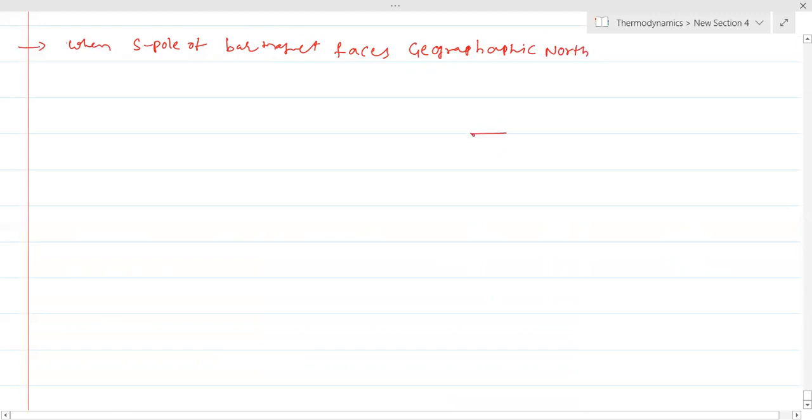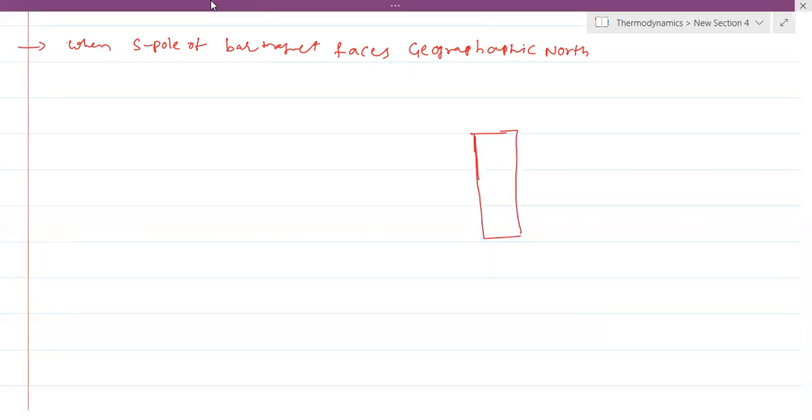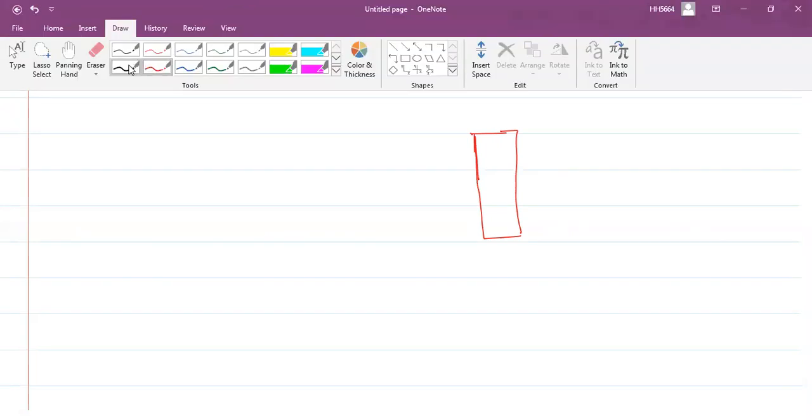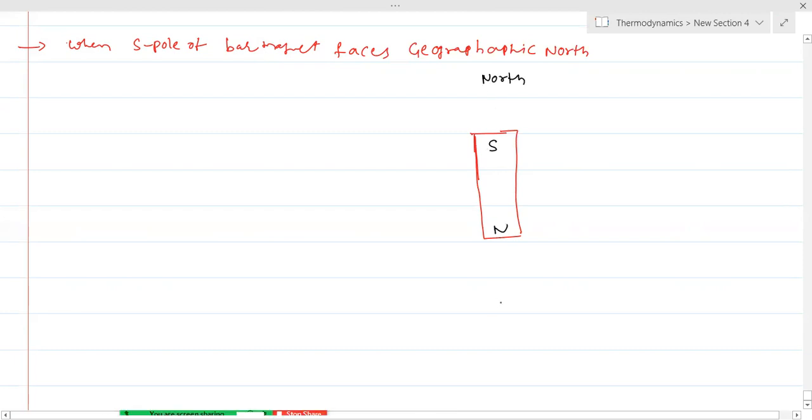For example, this is a bar magnet we are taking. So this is the south pole and this is the north pole. This is north and this is south. This is east and this is west.